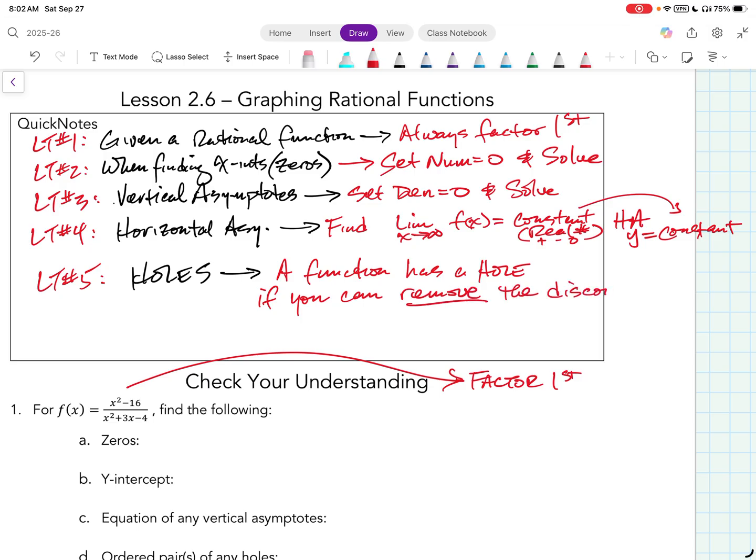Now I'm saying this in a new fashion, so let me make sense of it to you. If you can remove it, what do I mean? Cancel out a common binomial or factor.